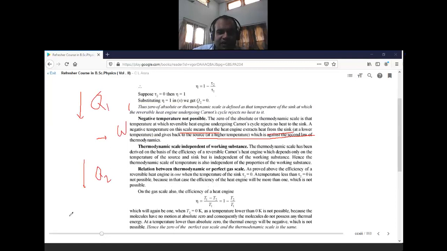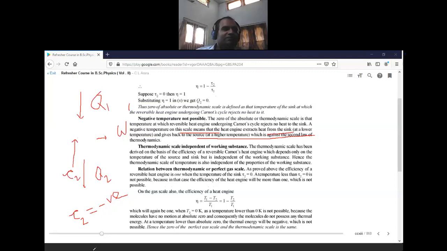And tau 2 can be 0 at best. If tau 2 is some negative quantity, then the heat engine has to extract heat from the sink. Suppose the sink is at a temperature of tau 2; that means you have to take heat out of the sink, which is not possible according to the second law of thermodynamics, at least for a spontaneous process.